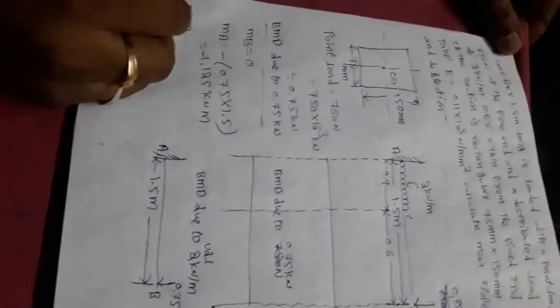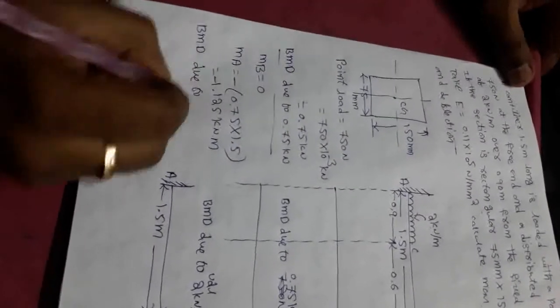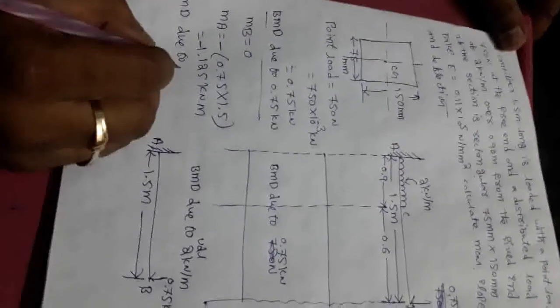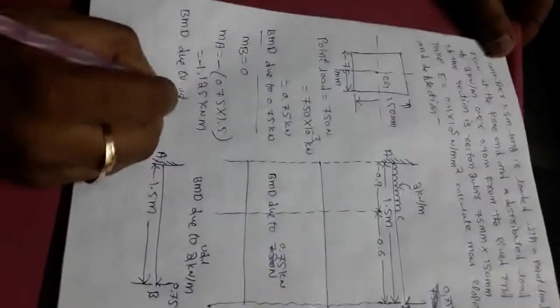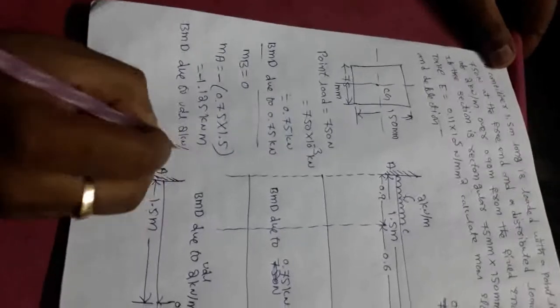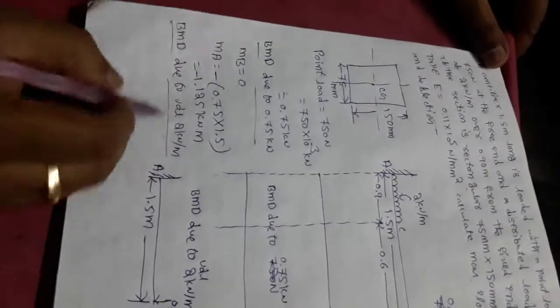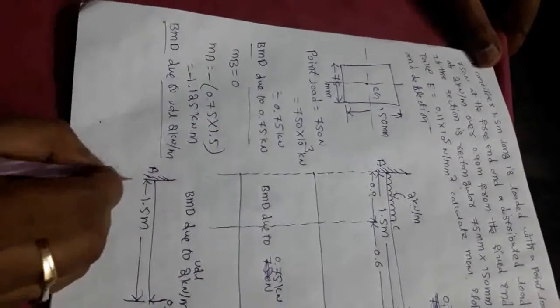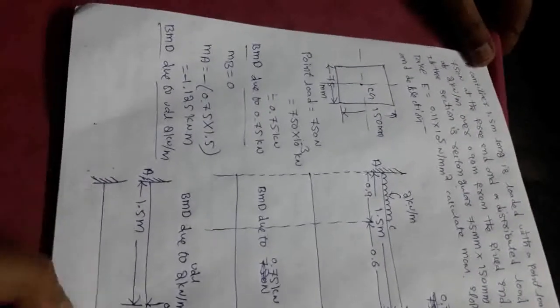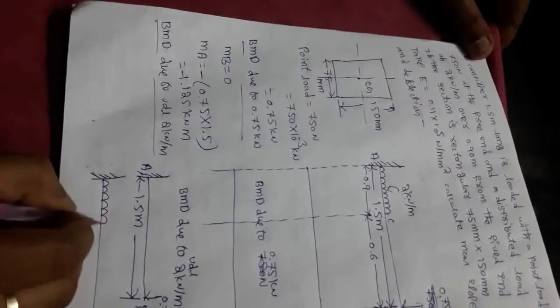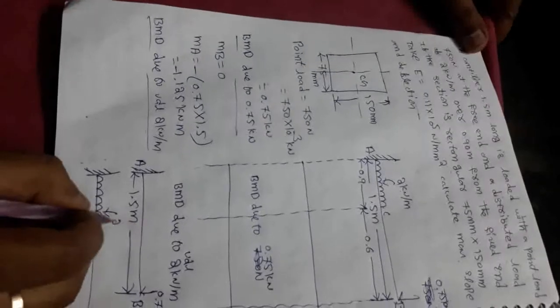The next diagram is the BMD due to the UDL of 2 kilonewton per meter. For this diagram, assume one end is fixed and the other end is free. The UDL acts only over a span of 0.9 meters, and the remaining span length is 0.6 meters.